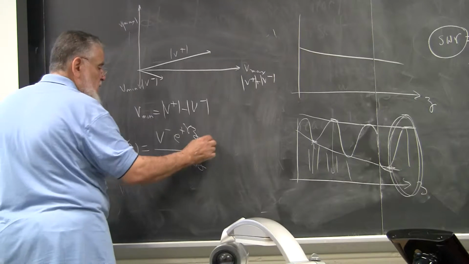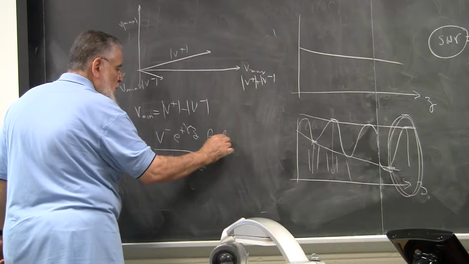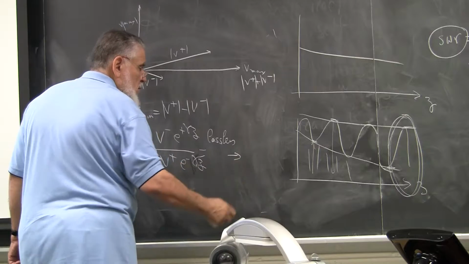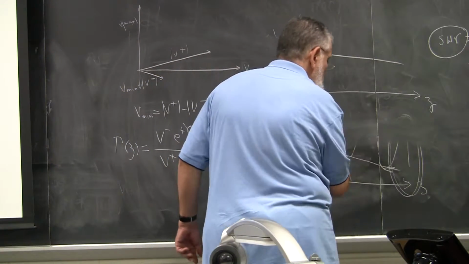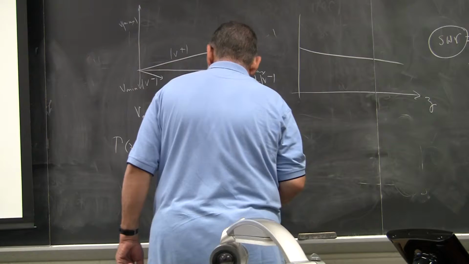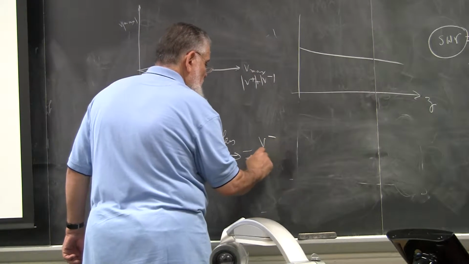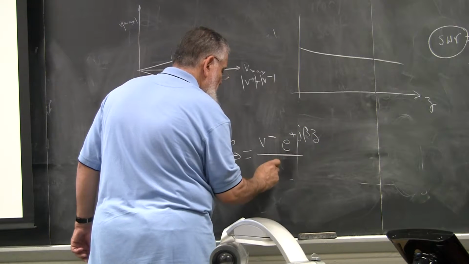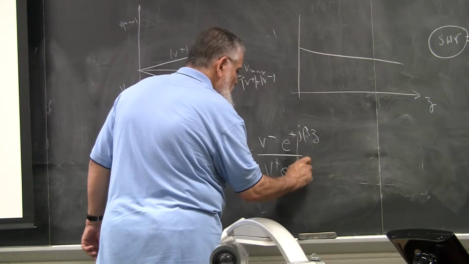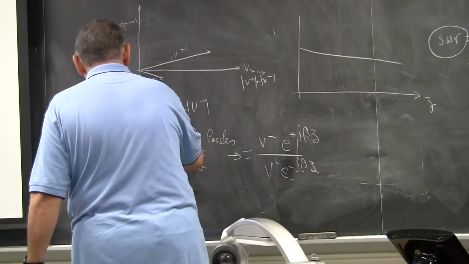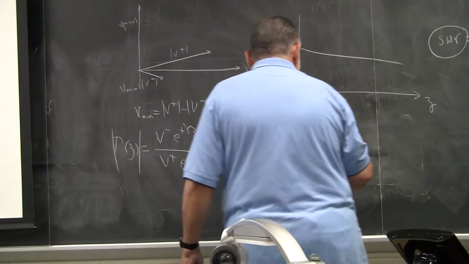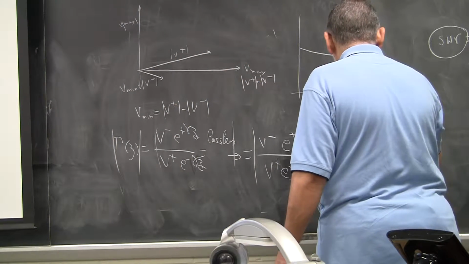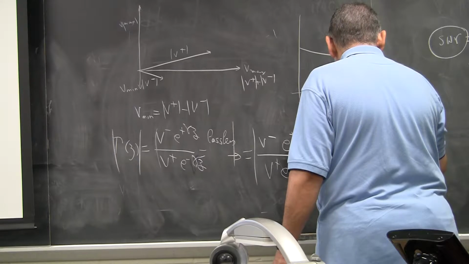And if you say lossless, that would be V minus e to the plus j beta z divided by V plus e to the minus j beta z. And if I take the magnitude here, the magnitude there is equal to V minus over V plus magnitude everywhere.